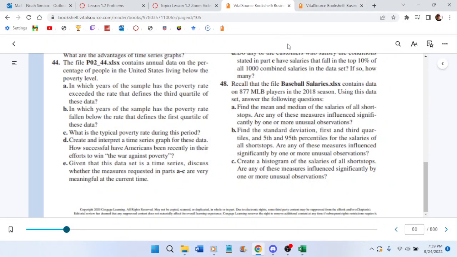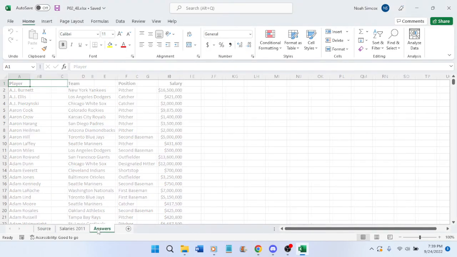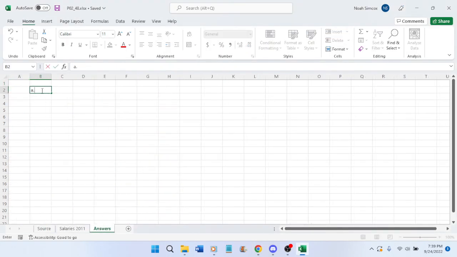Find the mean and median of the salaries of all shortstops. Problem 48 A. Mean. Median.